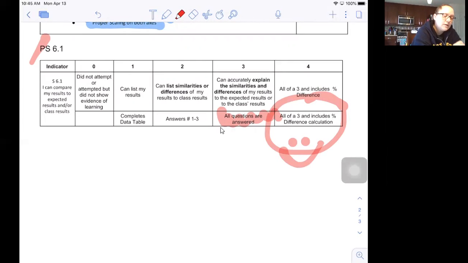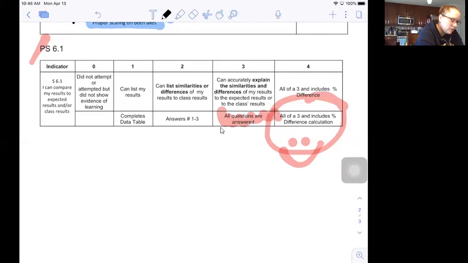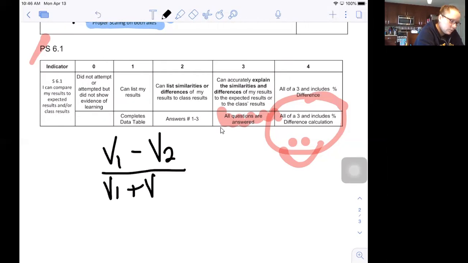The percent difference calculation is going to be the exact same calculation that you did on the COVID-19 research project, okay? That was about a week ago, and you can go back to that to see the equation, but it's V1 minus V2 divided by V1 plus V2, and V is just a variable like X, okay, divided by 2, that you do first.